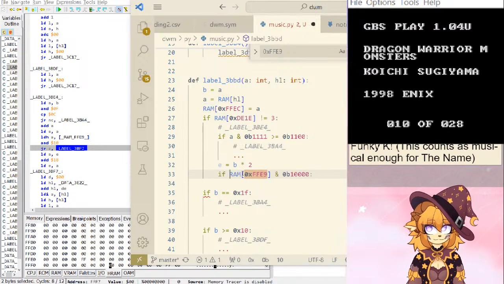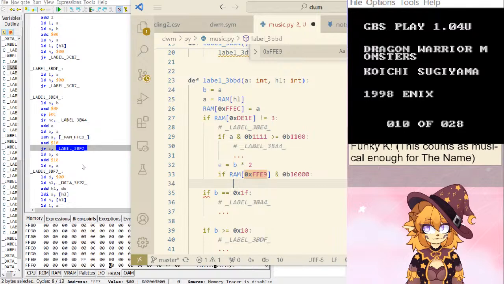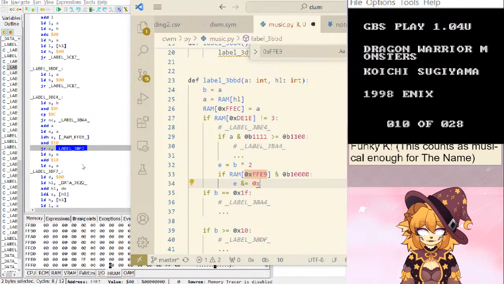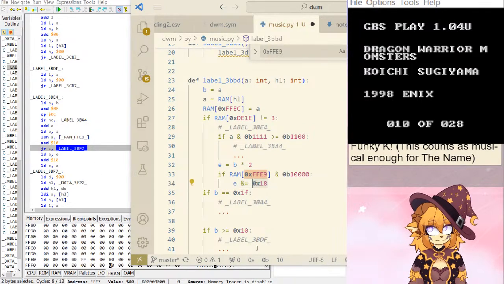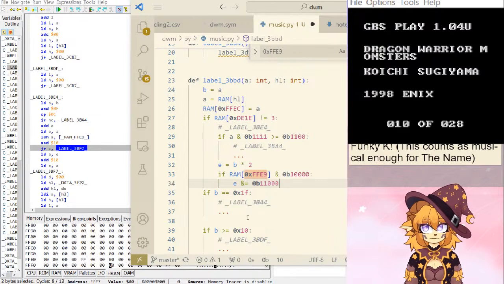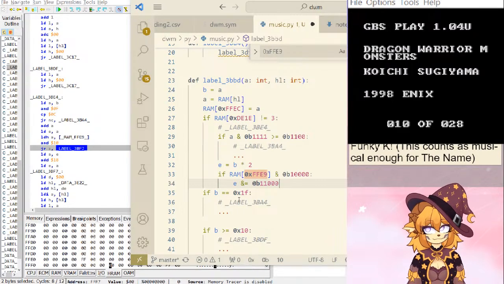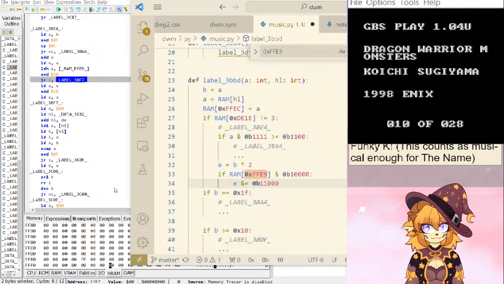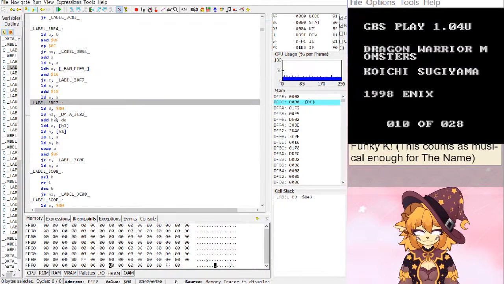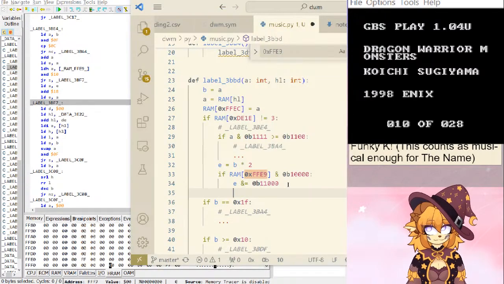We do want to negate that, so A and equals 0x18 bin. This label here.